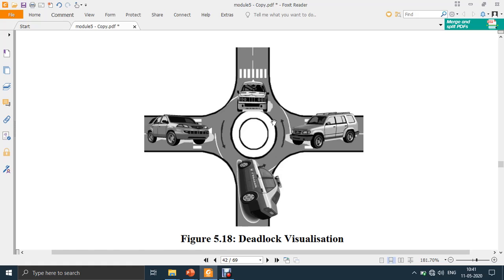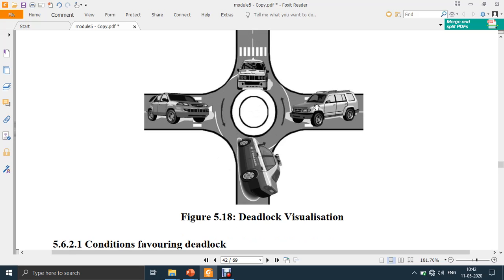Here is one more scenario. At a traffic junction with no traffic lights, cars will enter the junction from all four sides, and at the center there will be a traffic jam. Once the jam happens, none of the four cars can progress.